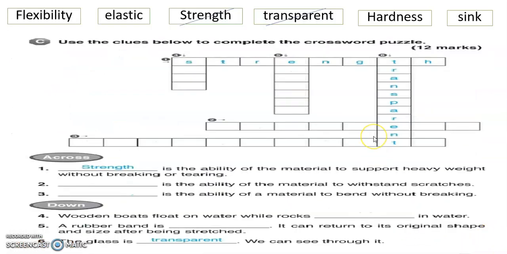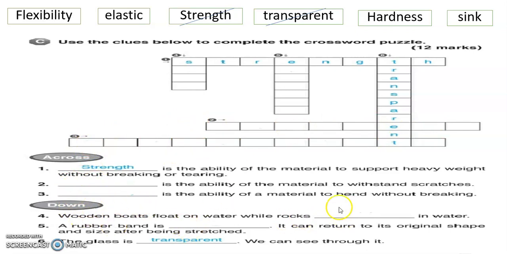Okay, page 73. It is a crossword, across or down. Number 1 they have already answered. What is number 2? What is number 3, down?